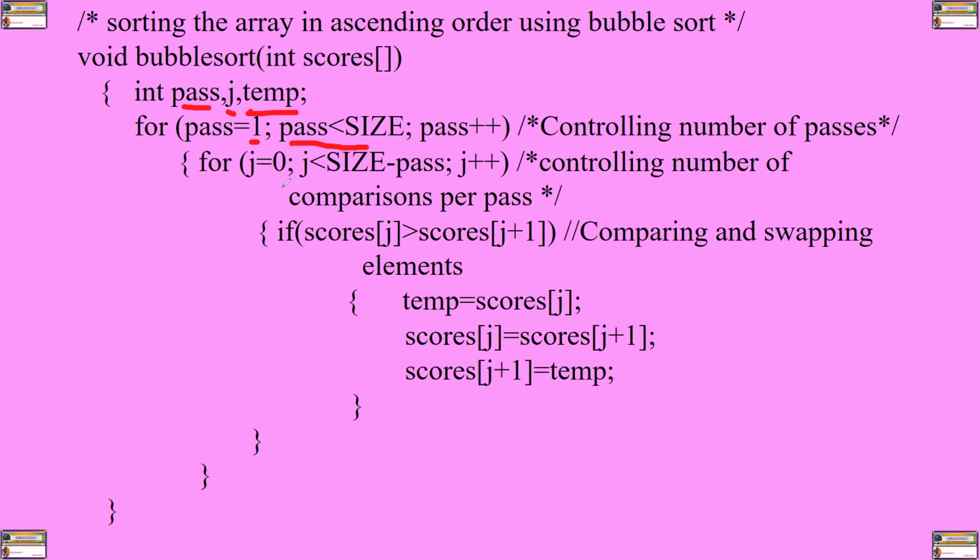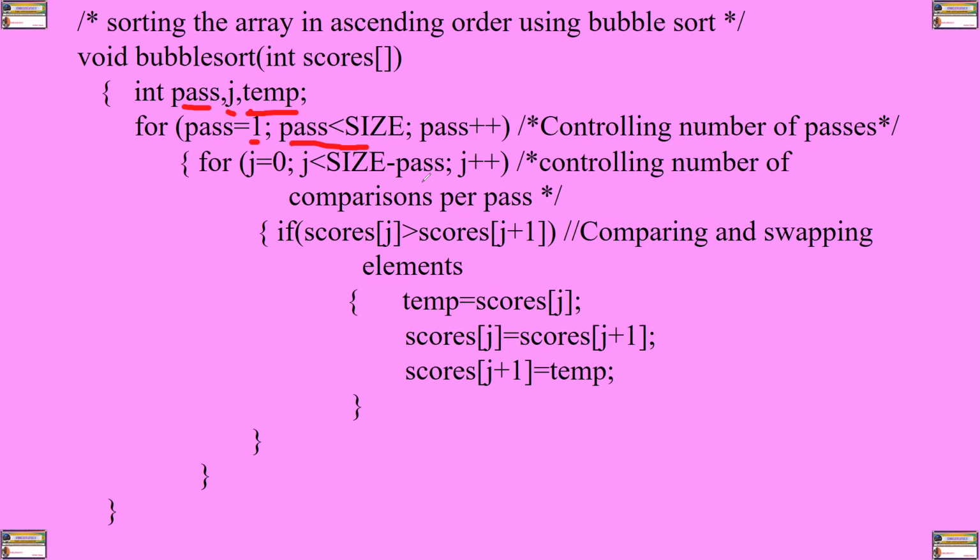Initialize j, memory location called j, with 0. Then check if the content of j is less than size minus 1, so is 0 less than 10 minus 1? What this part is doing is controlling the number of comparisons per pass.